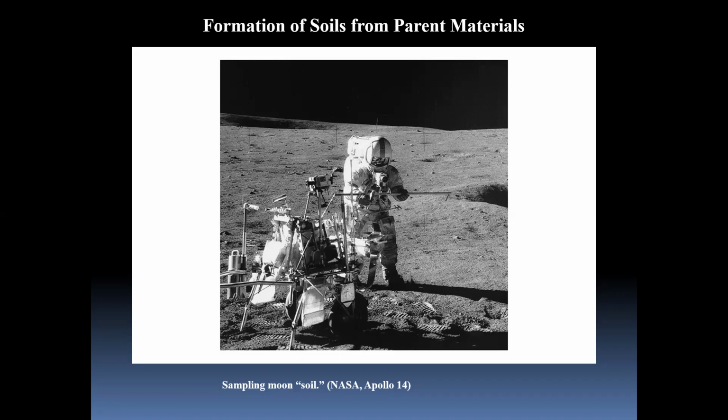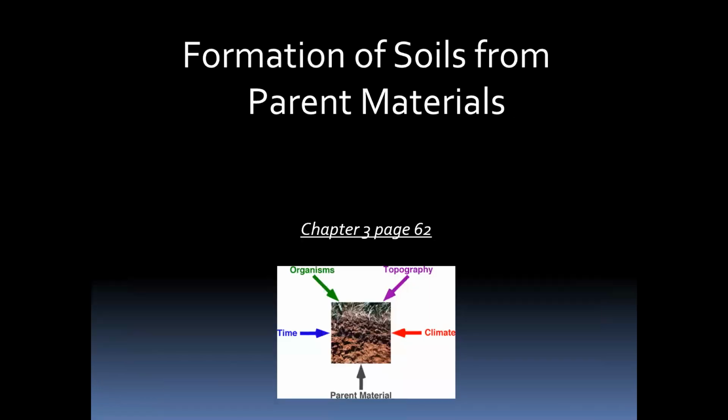The gases in the atmosphere, the biological life, and water have all led to the evolution of the soil of the earth, whereas none of these factors exist on the moon. In today's lecture, we're going to learn how the soil is formed.